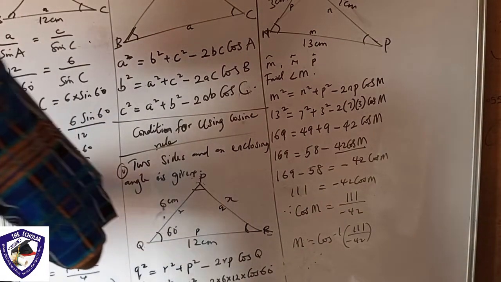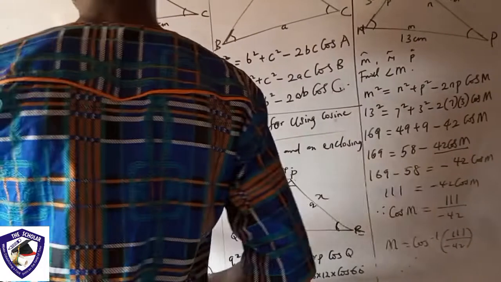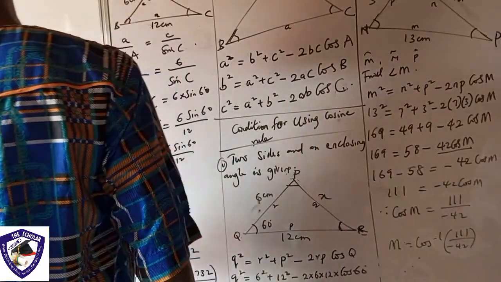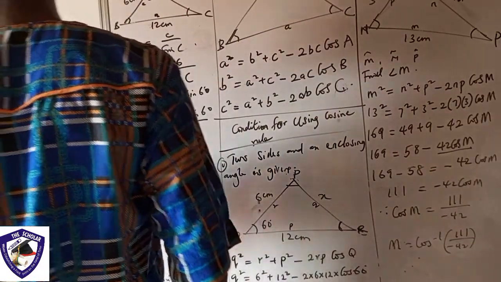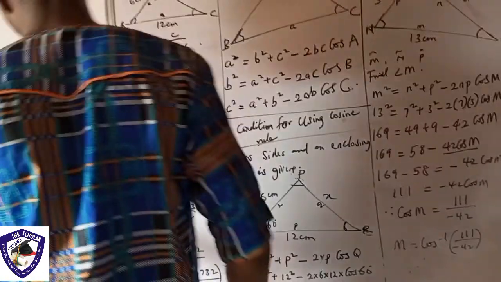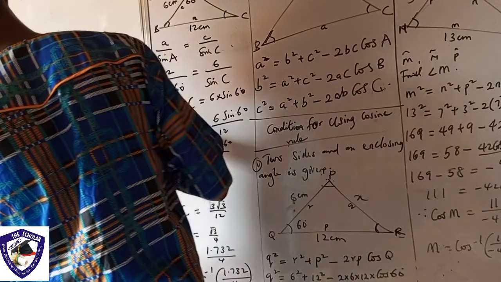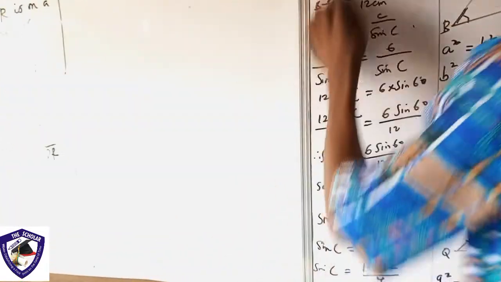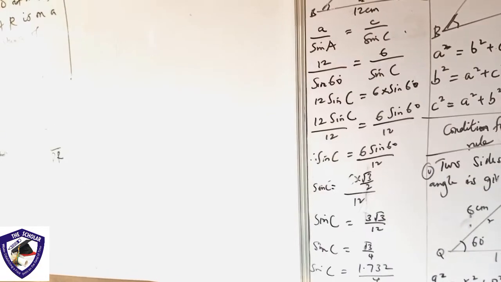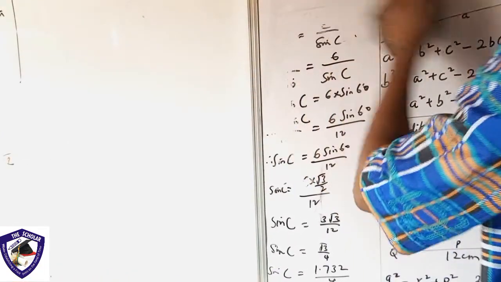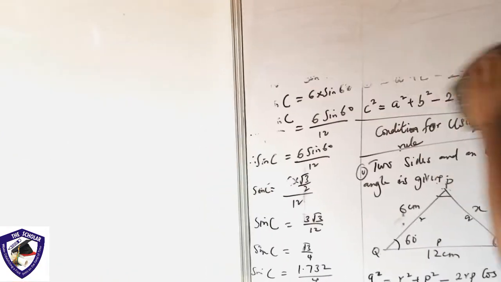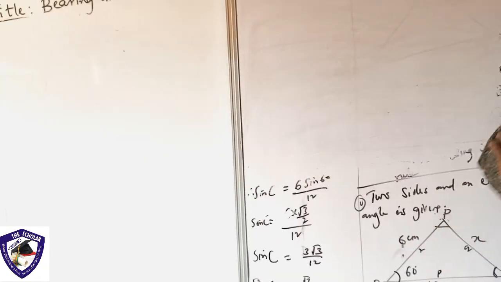When we talk about bearing and distances, it is an aspect of mathematics that is very, very important when it comes to measurement of land space or land area. For example, the people in the surveying industry require the knowledge of bearing and distance.